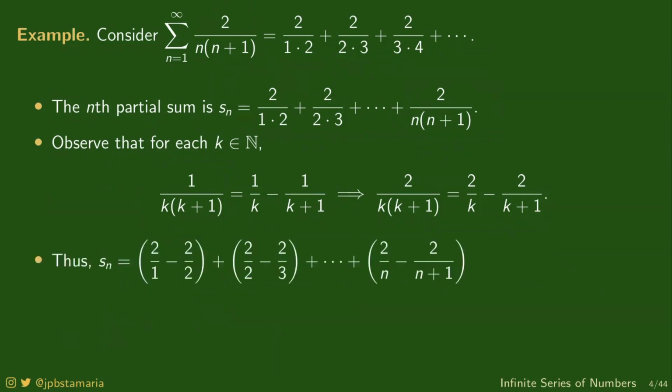Decomposing each expression into partial fractions, we observe something nice happening. You will get something like this, something like this, something like this. And because this sum is finite, all the rules of algebra still apply.